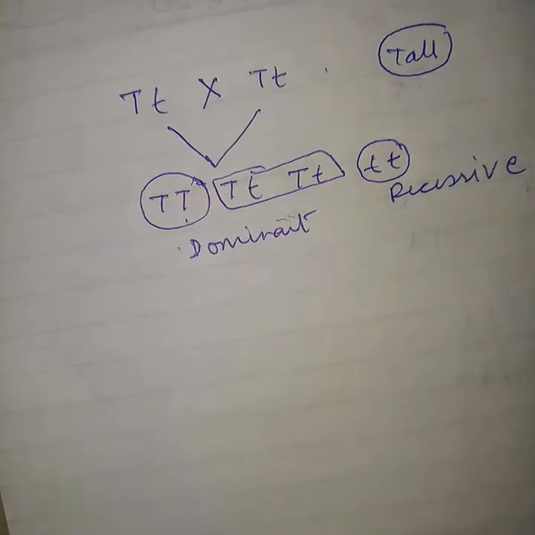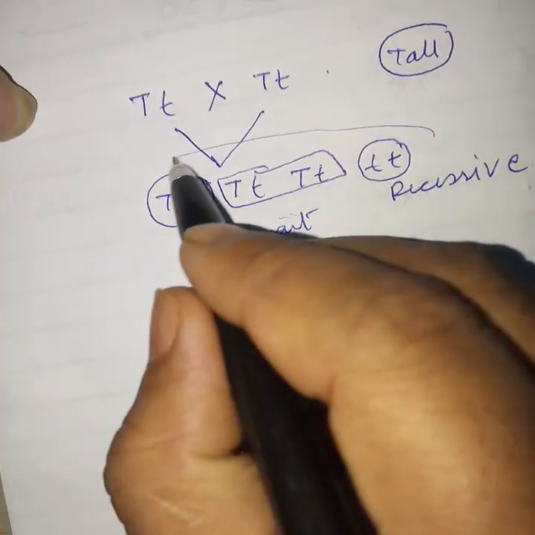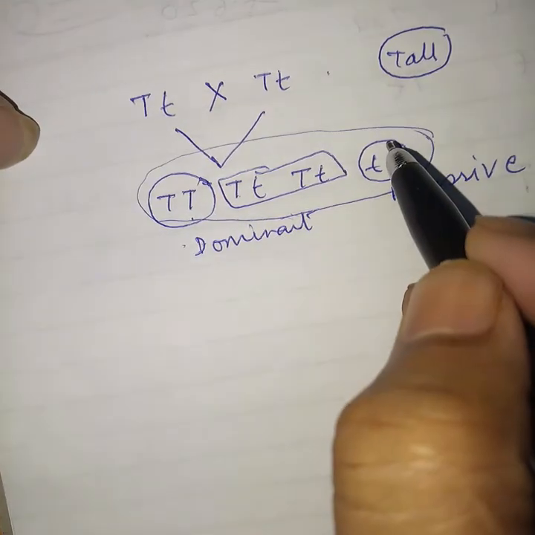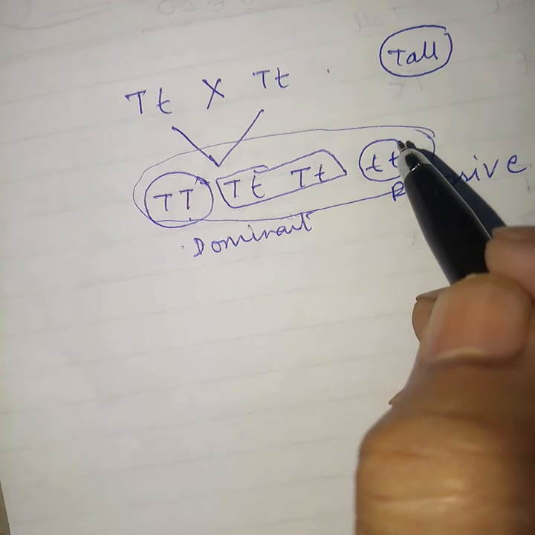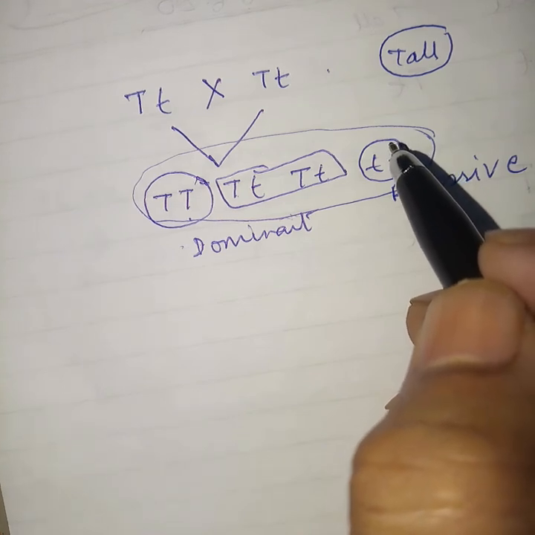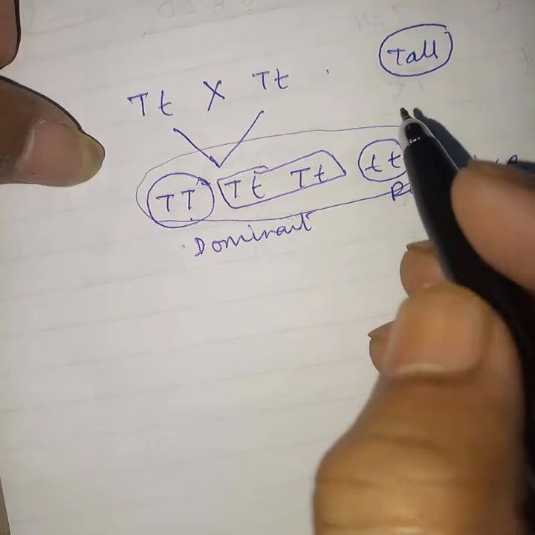So Mendel's principle gives us an idea about the progeny and their frequency. It helps to predict their frequency.